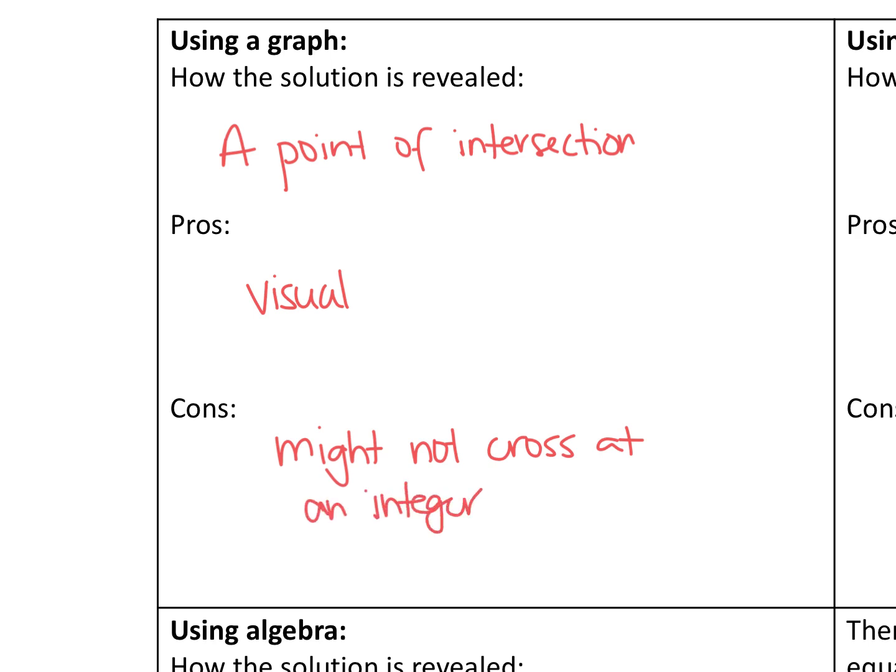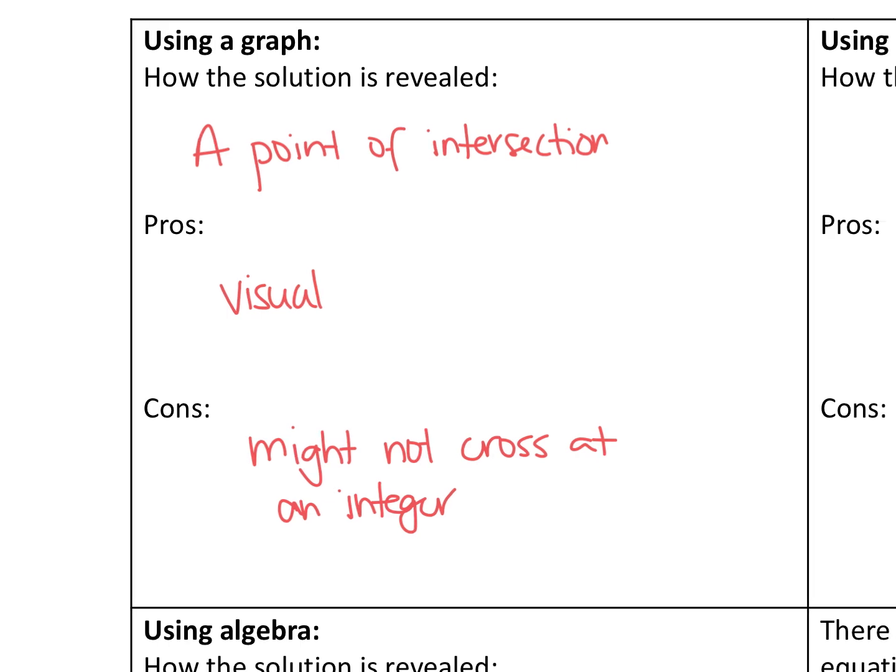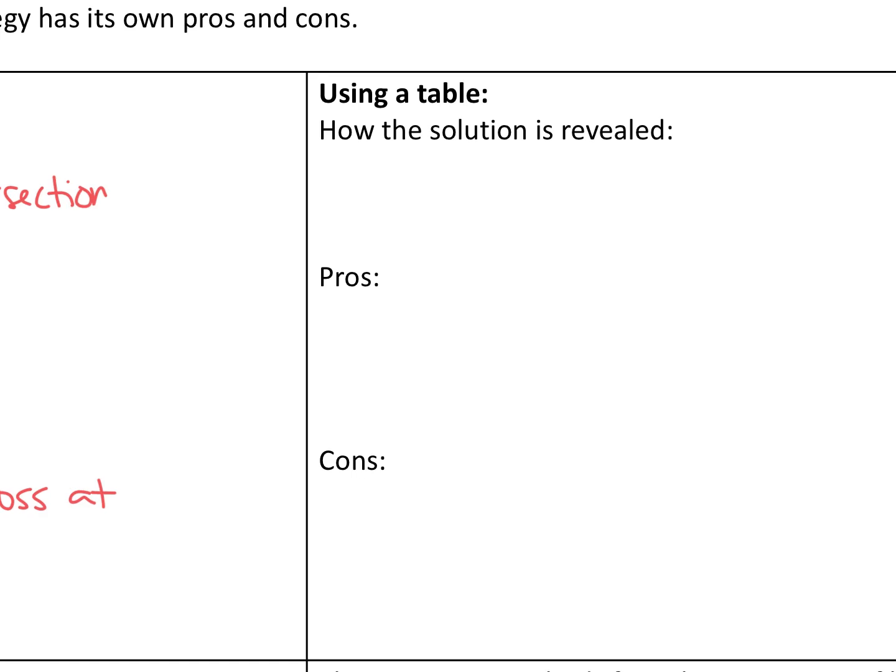Okay, let's go ahead and talk about a table. How is the solution revealed in a table? It's revealed when we have the same outputs for both equations.